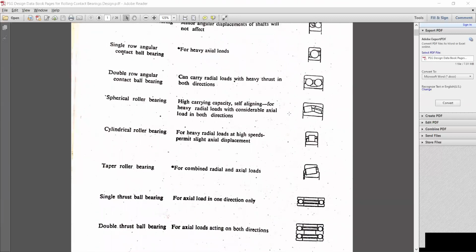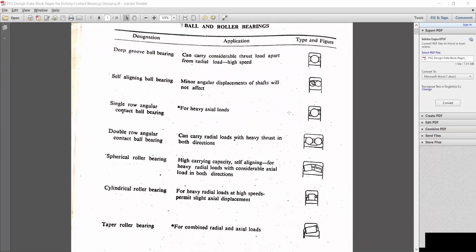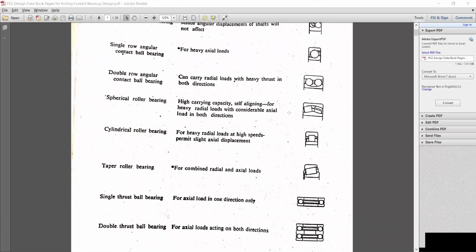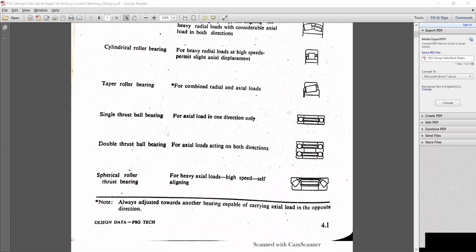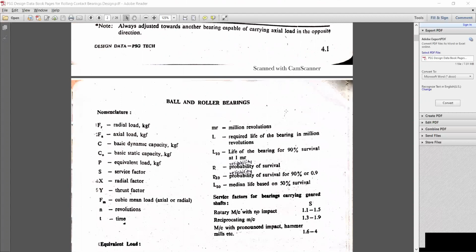You can see here deep groove bearing, self-aligning bearing, single row angular contact bearing, double row angular contact bearing. Then spherical bearing, cylindrical, then thrust bearing, then spherical roller thrust bearing are shown over here. So on the first page they have provided the applications and different types of bearings.